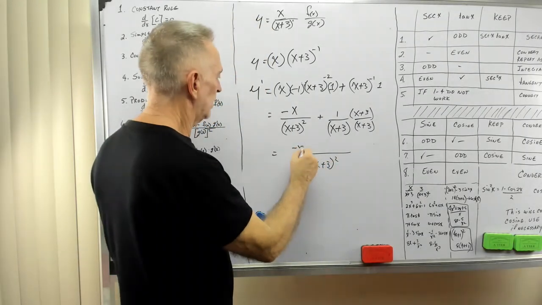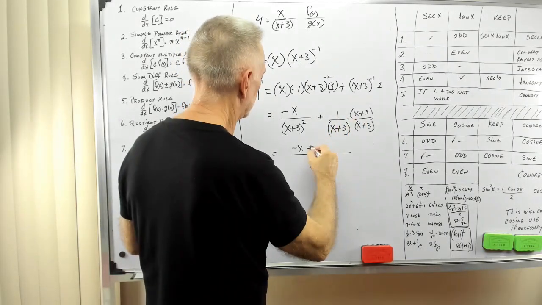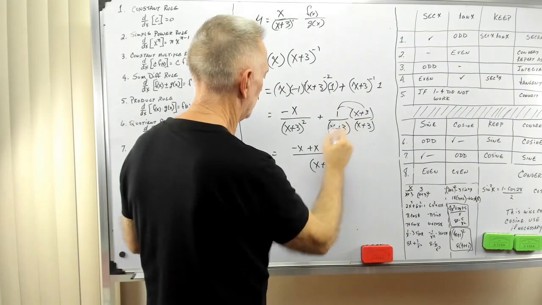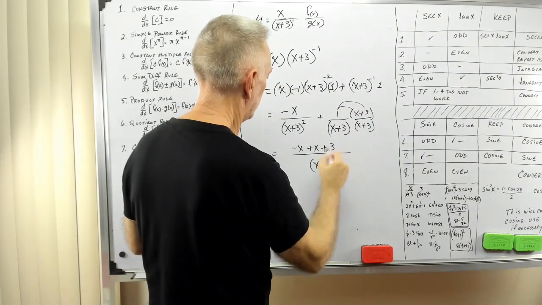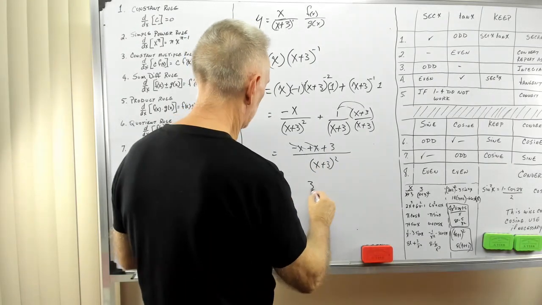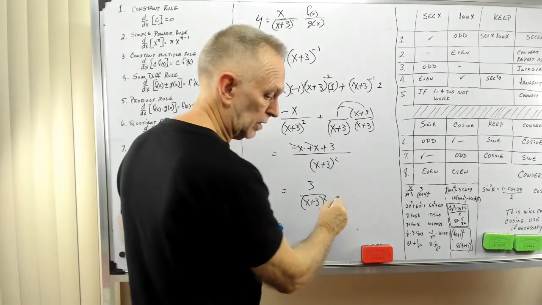And I have minus x plus 1 times x is x, 1 times 3, I'm distributing the 1, plus 3 inside. The x's cancel, and I end up with 3 over x plus 3 squared.